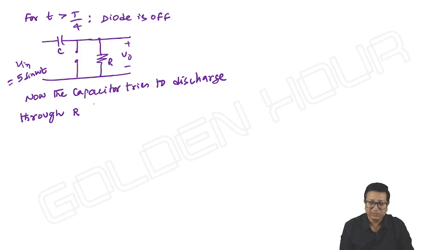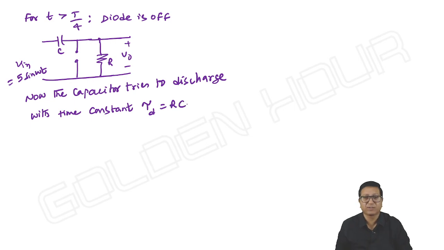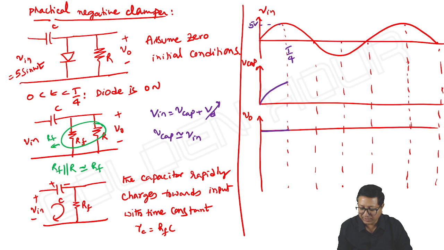Okay, through the path. Trying to discharge with a time constant through R. So the discharging time constant tau d is equal to RC. Here it looks like the capacitor is discharging.